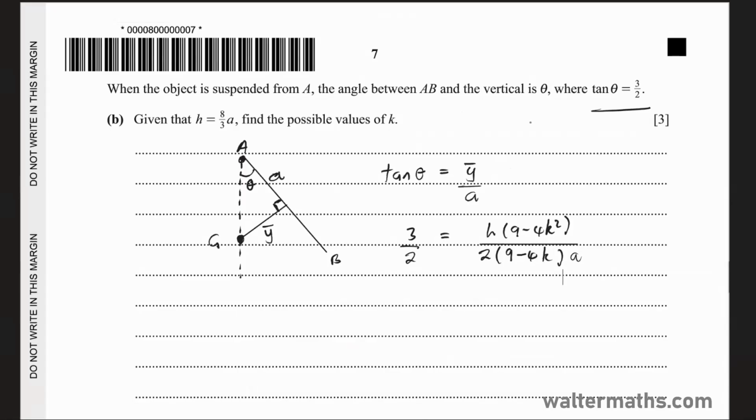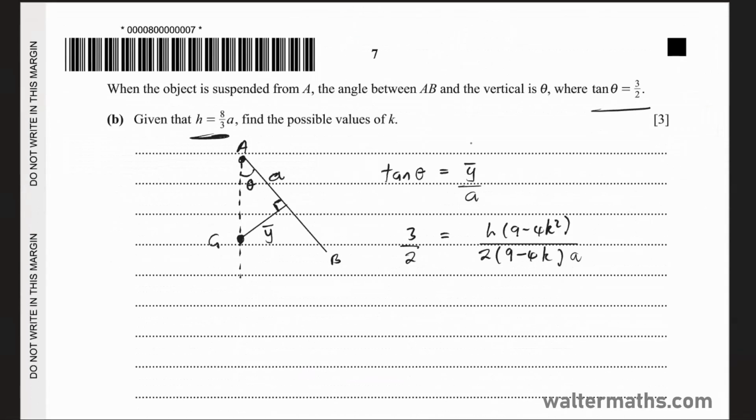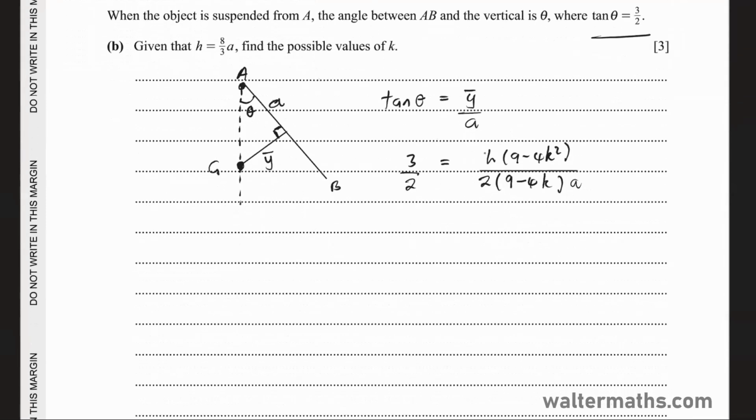All right. Now, we have been told that H is 8 over 3 of A. So it's as good as we have 3 over 2 being equal to 9 minus 4k squared over 2 bracket 9 minus 4k.